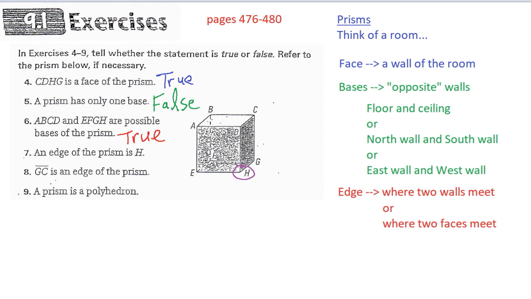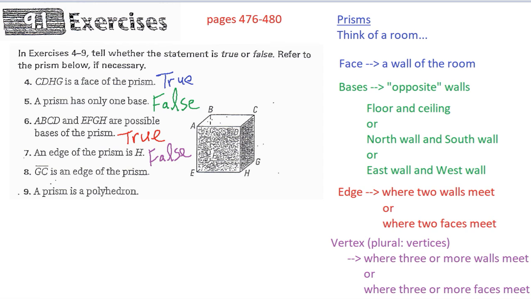There's more than two walls, or more than two faces. The way I have it here, it's the front face ADHE meeting DCGH, which is also meeting EFGH. So we have three walls or three faces that are meeting here. That is not an edge. An edge is only two walls or only two faces. So that one is going to be false.